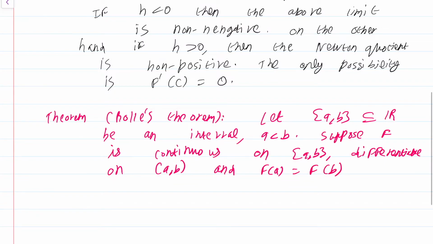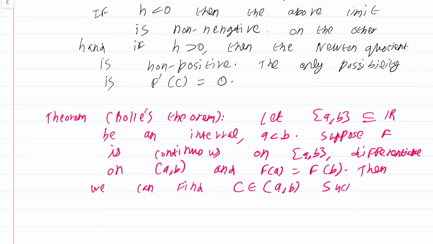So the values at the endpoints coincide. Then we can find c in (a, b) such that f prime of c is equal to 0.